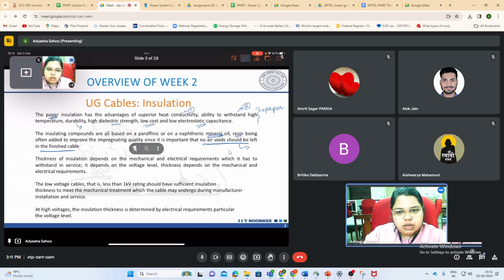Okay, coming back to the discussion, as I was asking, what is the problem if there are air voids inside the cable? Anyone? Because this air void formation we have repeatedly studied during this week.